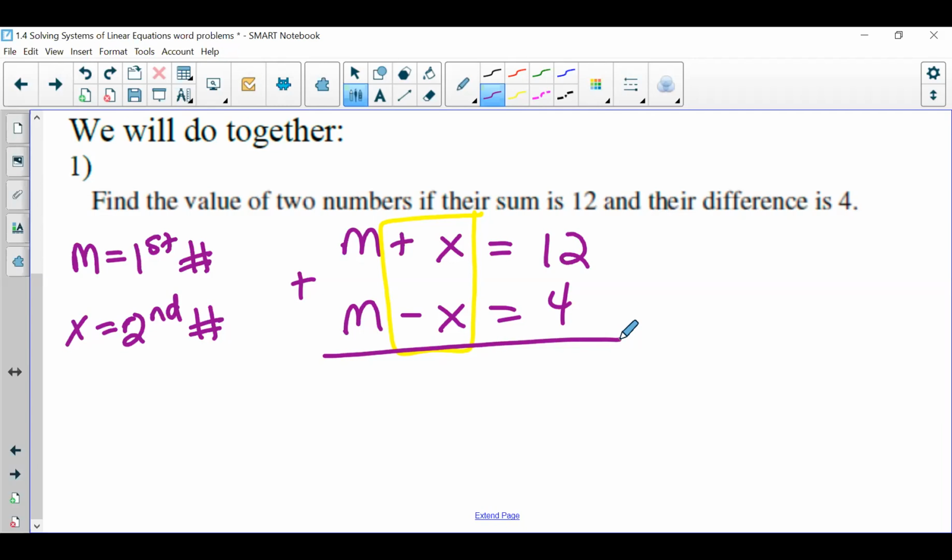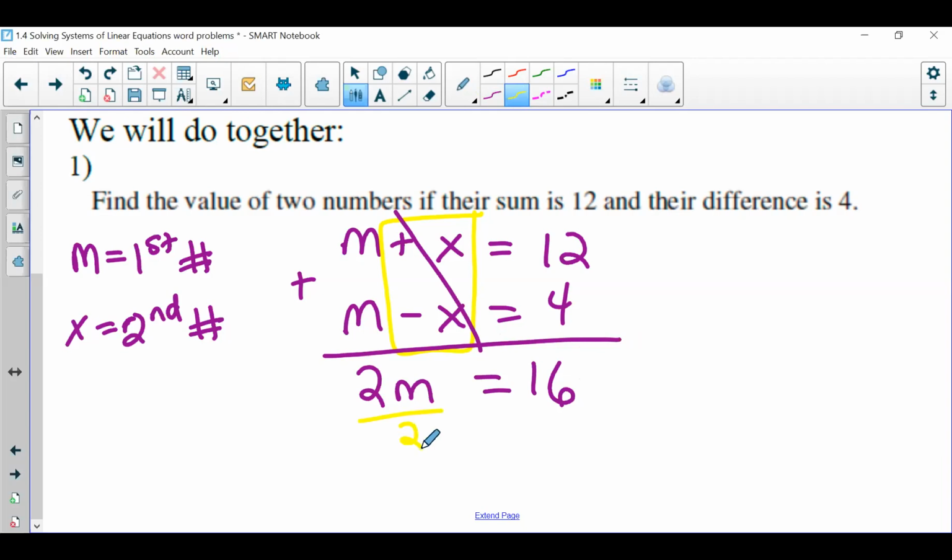Can we just throw all these numbers into one line? Yes. Okay, so M plus M would be 2M equals 16. Then you divide 2M by 2, you divide 16 by 2, and it'll be M equals 8.